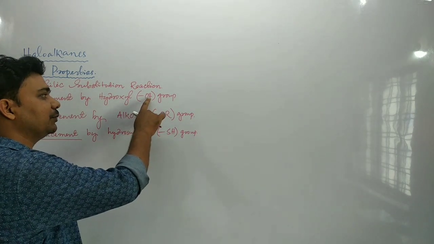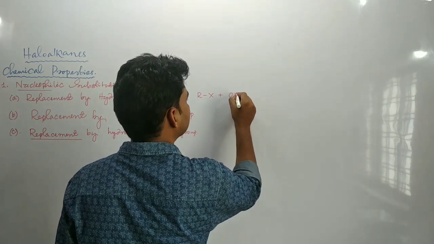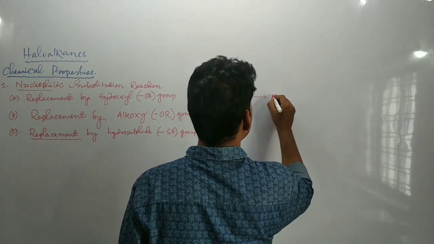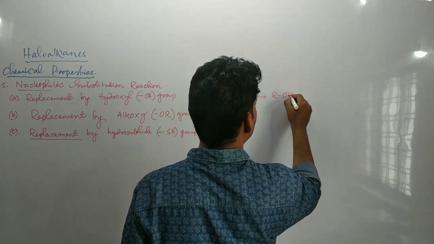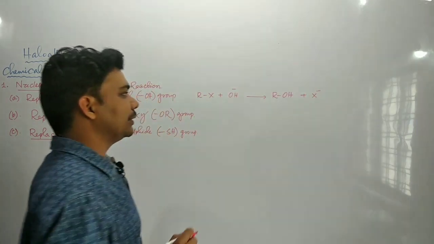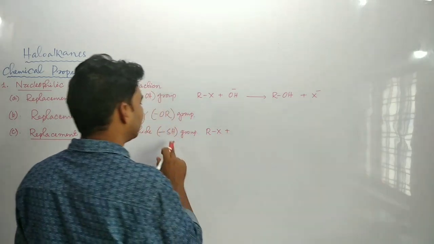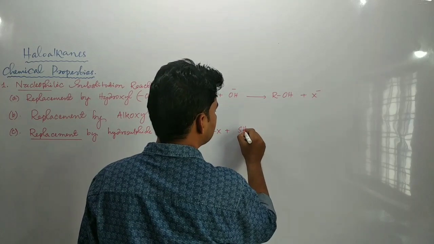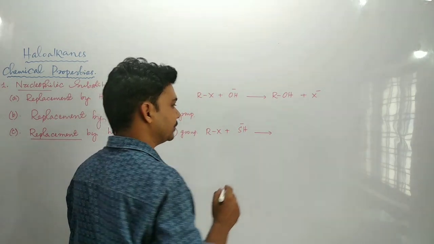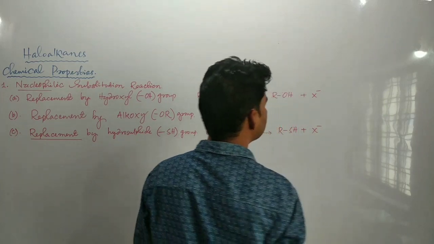When hydroxide ion was the nucleophile, this is your general reaction, RX plus OH minus. When OH minus is the nucleophile, then what is your product? After nucleophilic substitution reaction, we will get alcohol plus the leaving group X minus. In the same pattern, when alkyl halide is treated with hydrosulfide ion SH minus, as a result of nucleophilic substitution reaction, we will get RSH plus X minus.